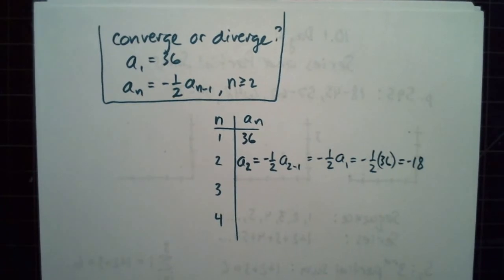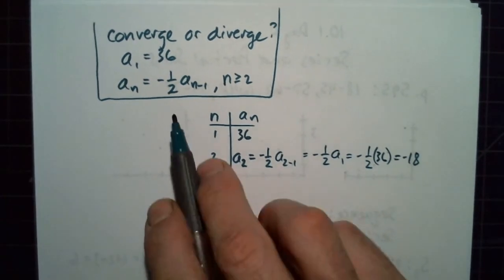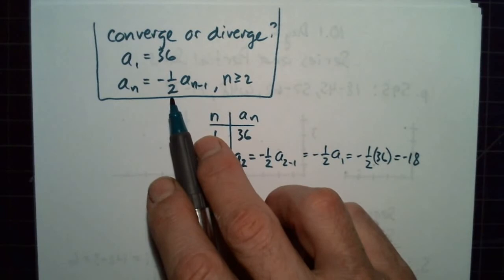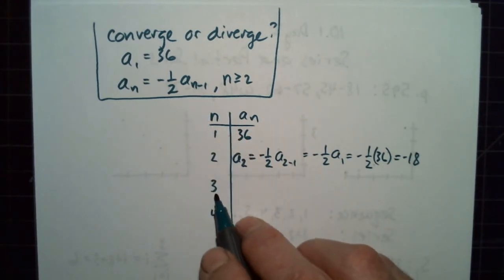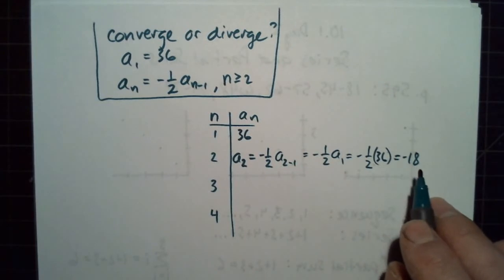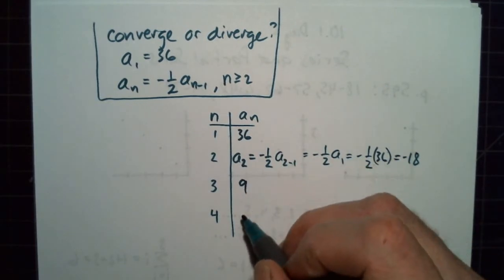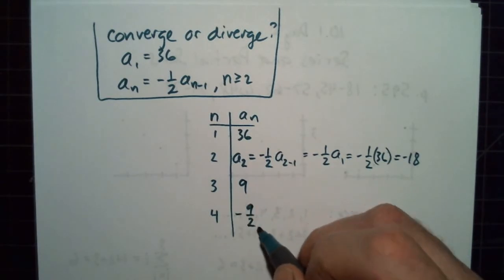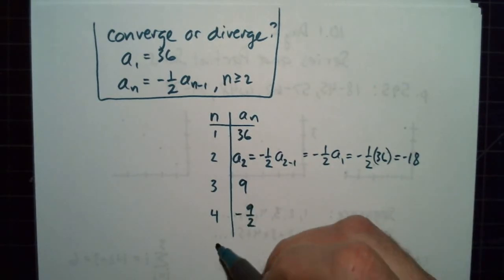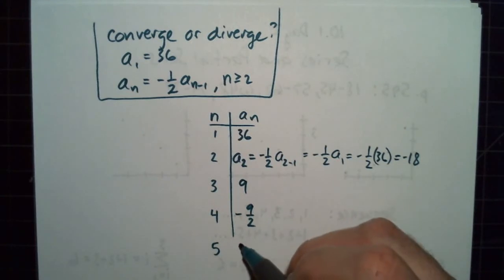And we can see that the recursive formula just says take negative 1/2 of the previous term. For a3, we'll do negative 1/2 times negative 18. Then we'll go negative 1/2 times 9. Then we'll go negative 1/2 of that.